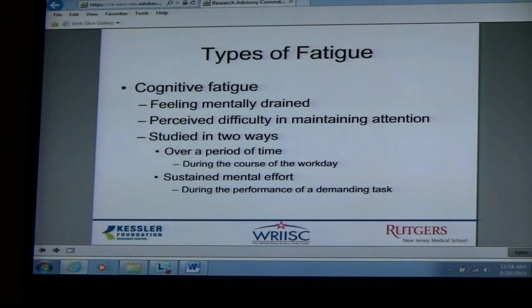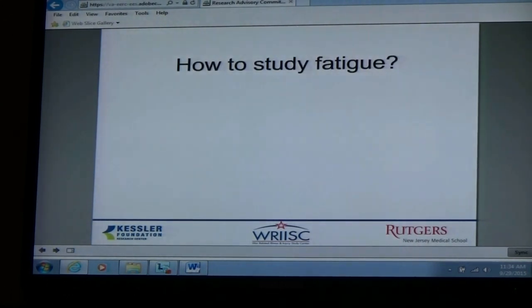That's one way that cognitive fatigue has been looked at. Another way is during sustained mental effort. So, for example, assessing fatigue before and after the performance of a demanding task. And that's what I'm going to talk about today. All right, so how do we study fatigue?